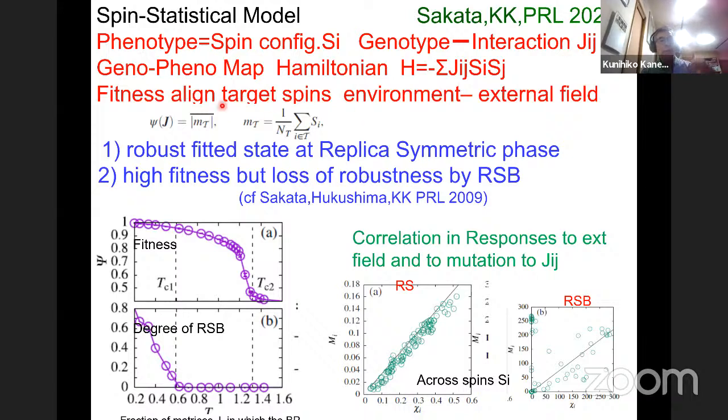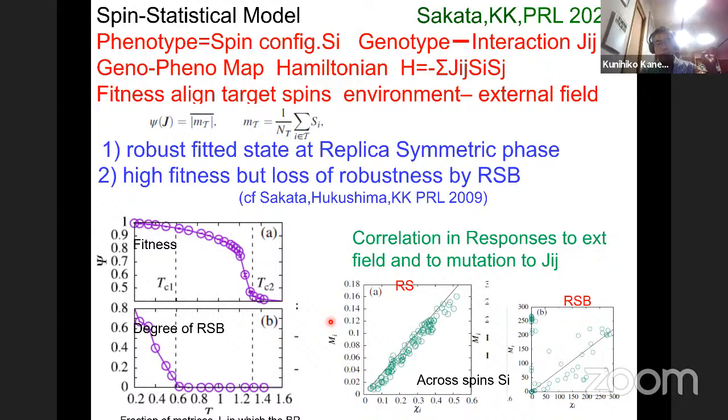Then we make evolution to increase some fitness, for example given by target spins and aligning to these target spins. Then again we can consider this evolutionary process and how the target spins change by putting in an external field or by putting in mutation. And actually, we can see again that across all spins, the response is proportional, by evolutionary change and by external field.